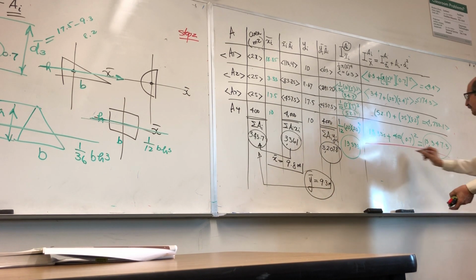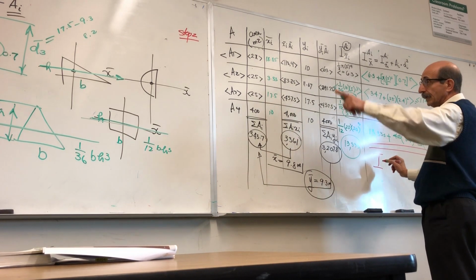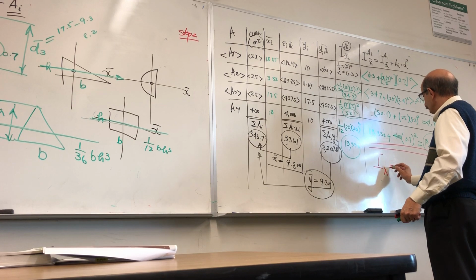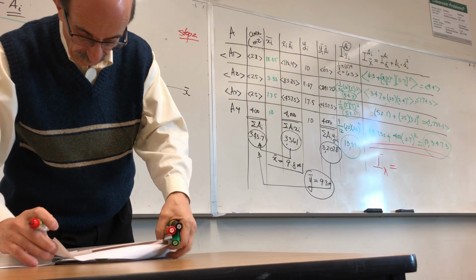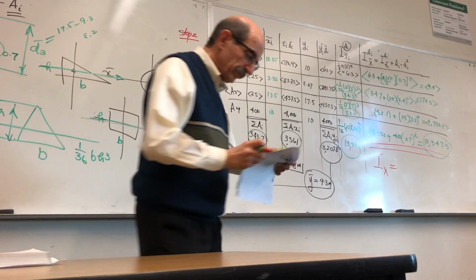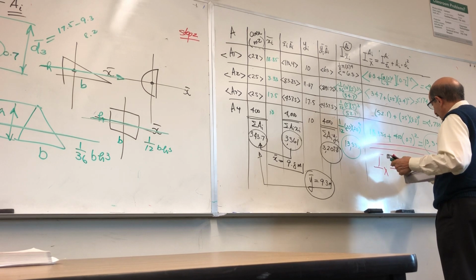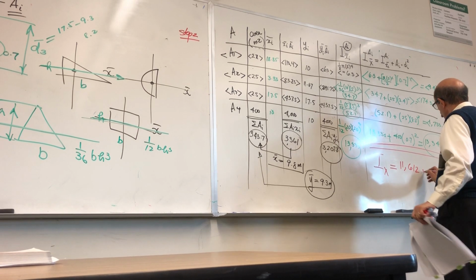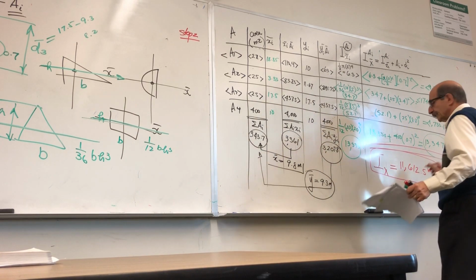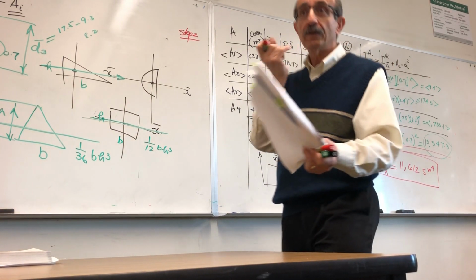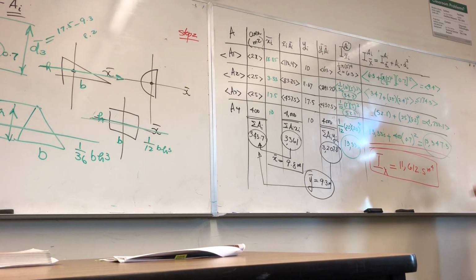So you just add these up, and you have I of that shape about the centroid of this shape, and I'll give you the answer. That comes out to be 11,612.5 meter to the 4. Are you done? No. This is just the beginning.